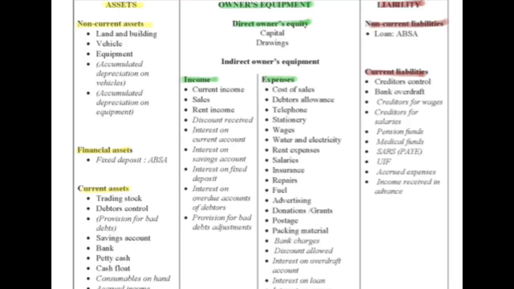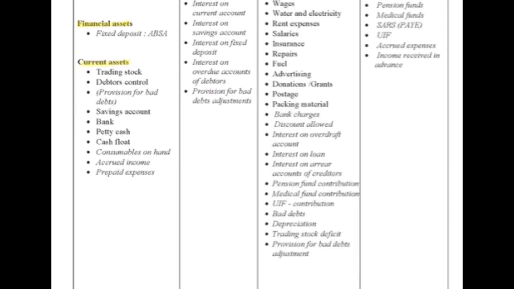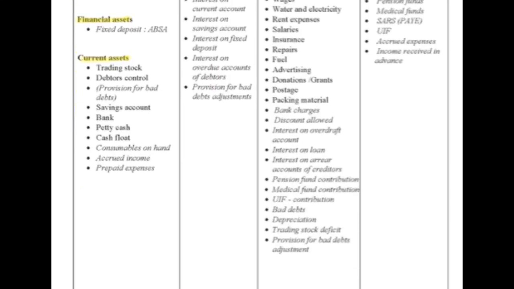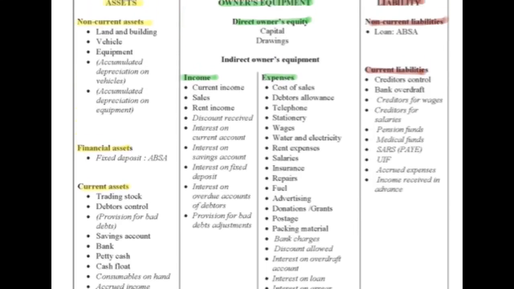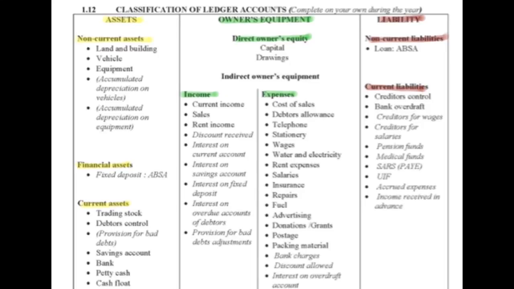Your current assets, as described, there's 6 of them: trading stock, debtors control, savings account, bank, petty cash, cash float. Later on, we will also learn about provision for bad debts, consumable stores on hand, accrued income, and prepaid expenses.